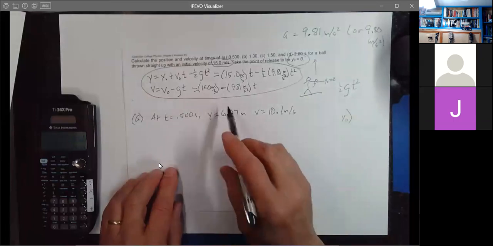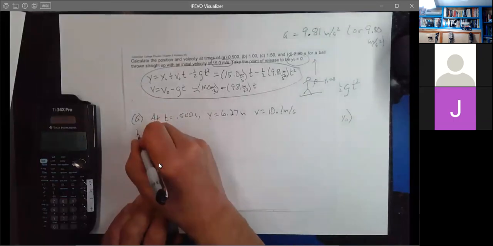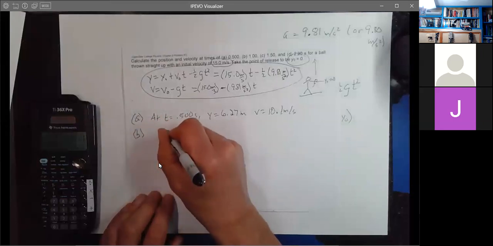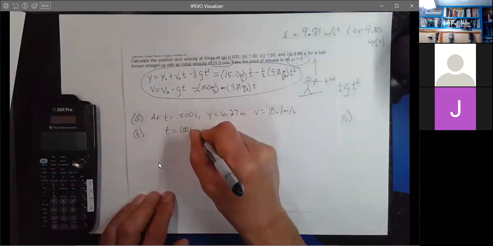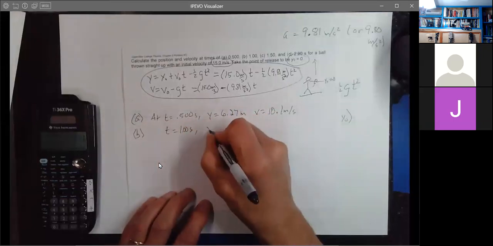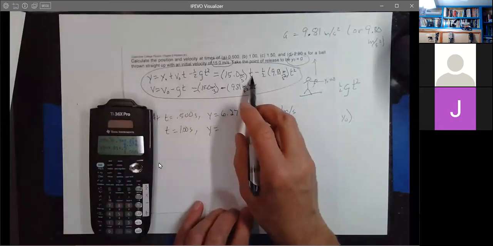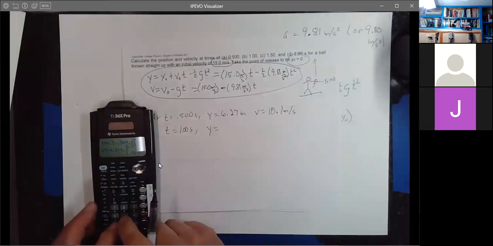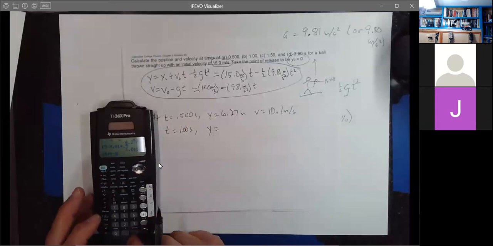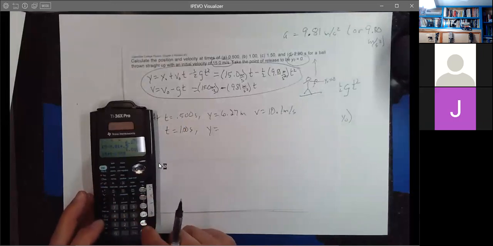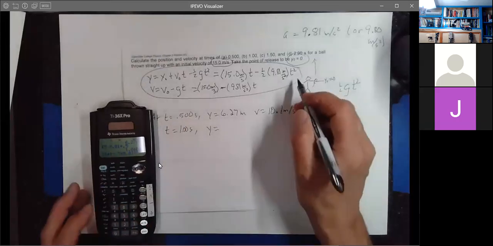At 1 second, I would do the same thing. I would get y is equal to, just plug in the numbers, but stick a 1 in for t. So 15 times 1 minus 0.5 times 9.81 times 1 squared.